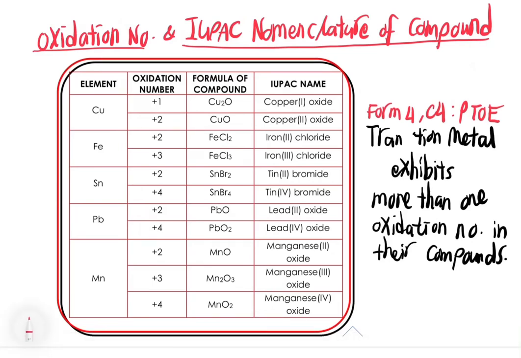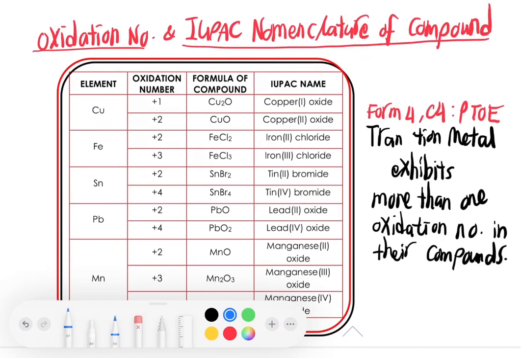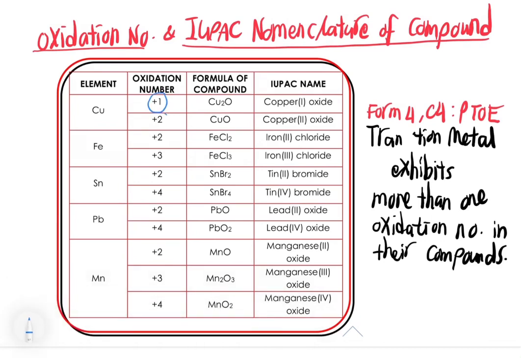So copper, for example, can have an oxidation number of +1 or +2. The Roman numeral written in brackets after the name of the element refers to the oxidation number. So copper(I) oxide means the oxidation number is +1. Copper(II) oxide means the oxidation number of copper is +2.